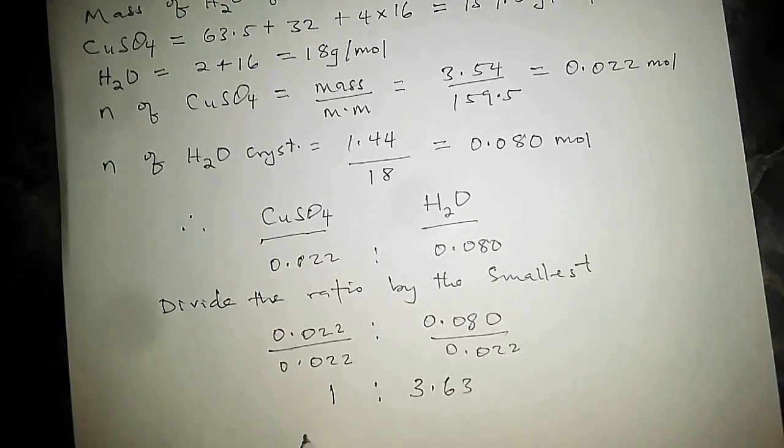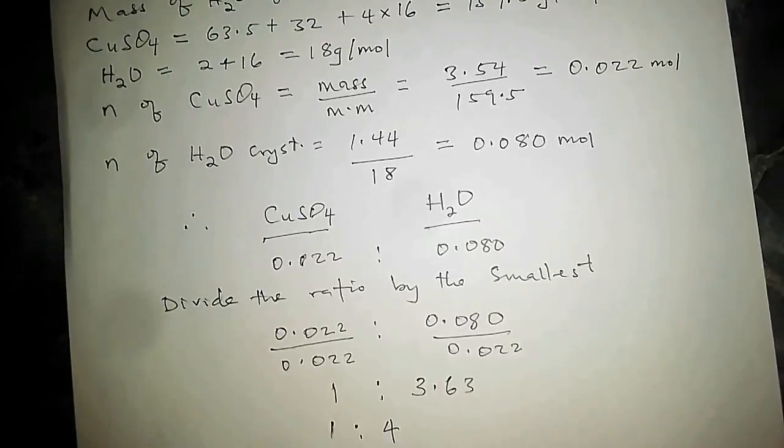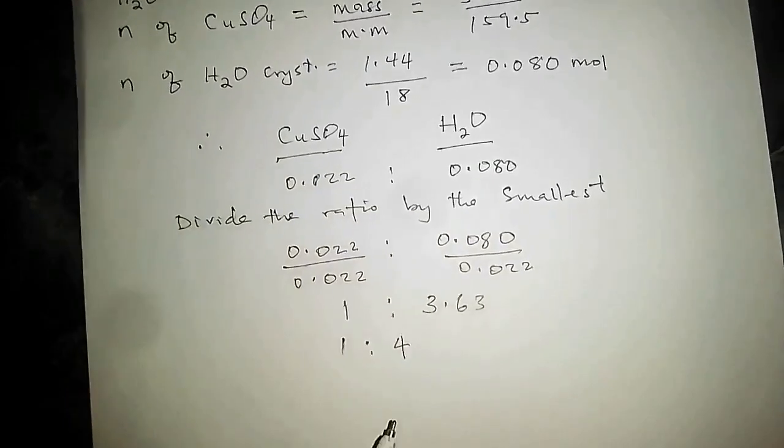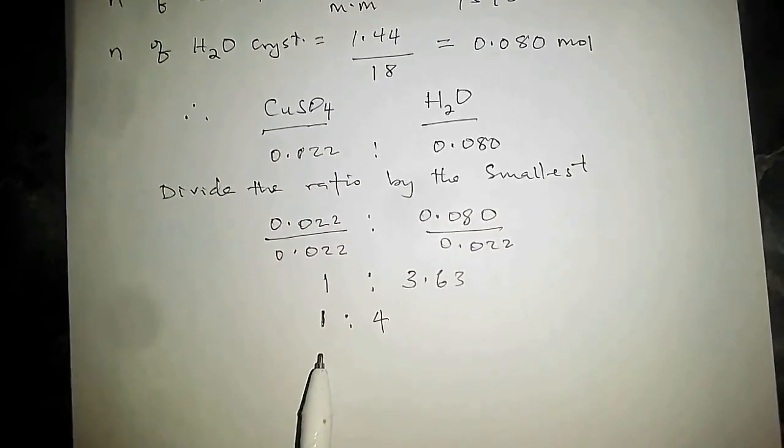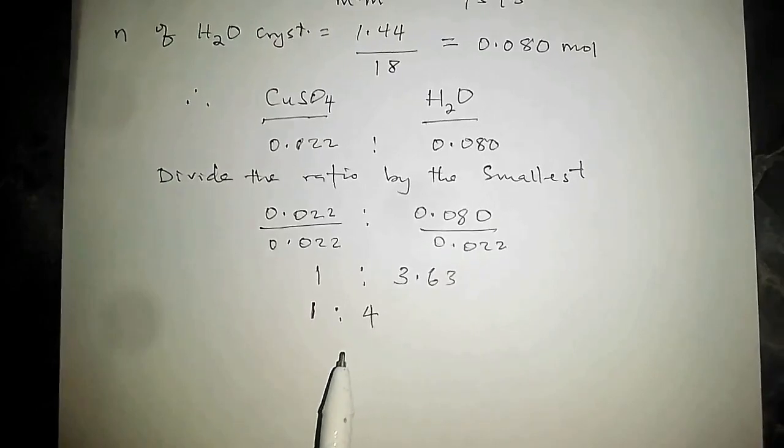To the nearest whole number, we have 1:4. Which means that the mole ratio of anhydrous copper(II) sulfate to water of crystallization is 1:4.